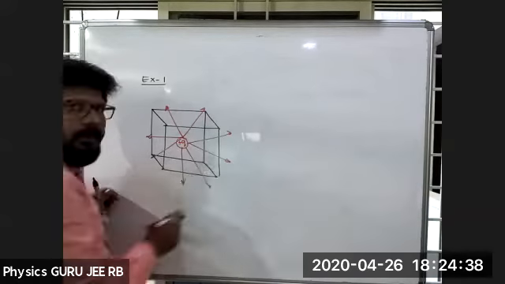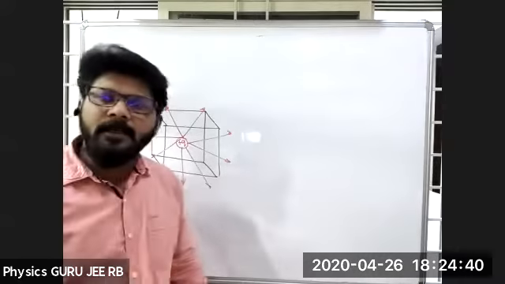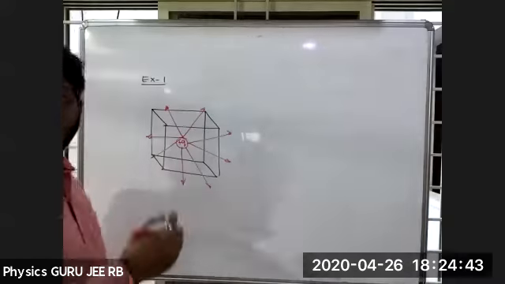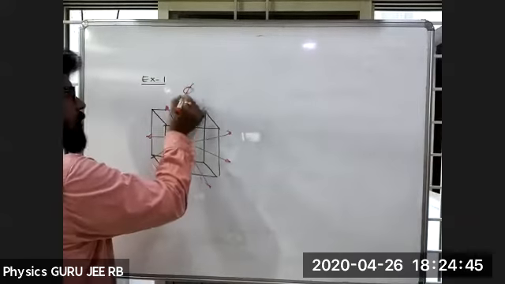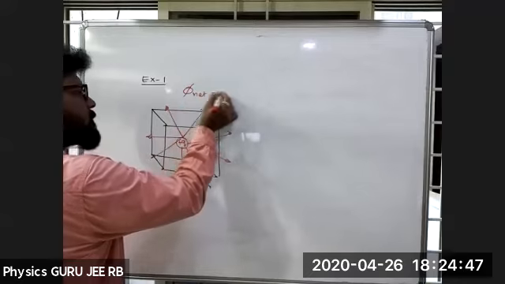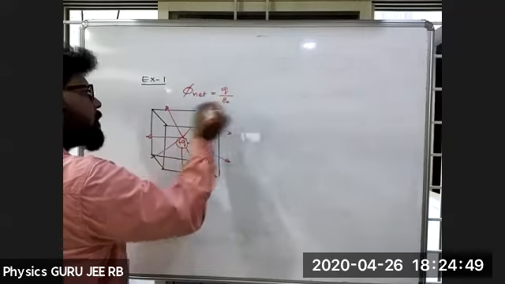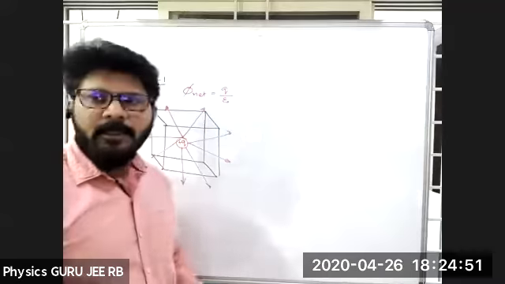So simply, flux is equal to Q by epsilon naught. That's all. What is the net flux? Net flux is equal to Q by epsilon naught.